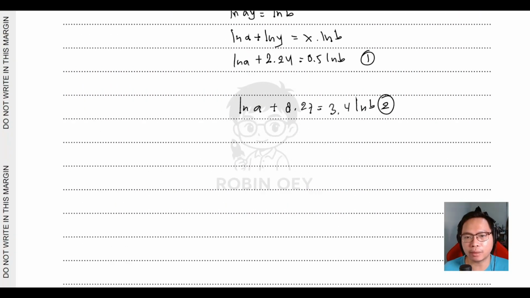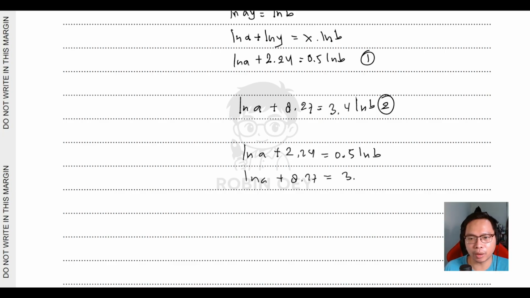Now we just have to eliminate, normally. Ln a plus 2.24 equals 0.5 ln b, and ln a plus 8.27 equals 3.4 ln b.